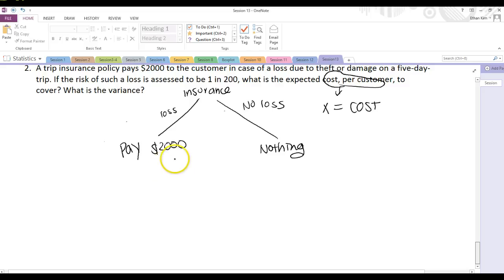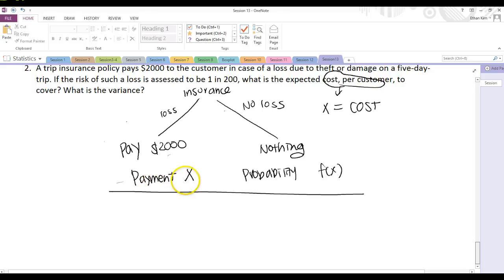So let's just make a simple table. So let's say this is a payment, x, right? And we also have the probability, f of x or p of x, whatever you prefer. Okay, so here is the table. So payment, how much do we pay? We have two different cases. So we pay 2,000 in the case of loss. And how often does it occur?